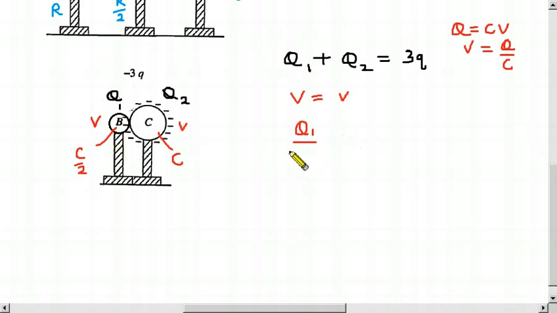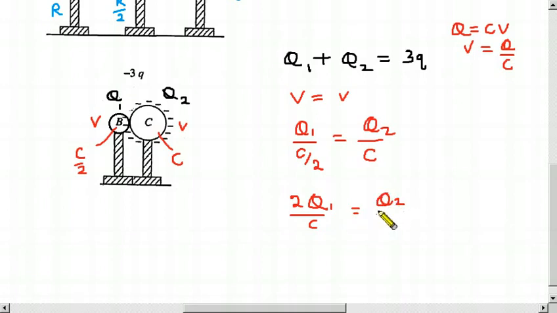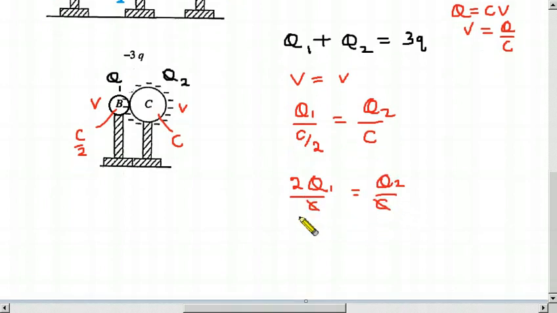So C divided by 2 for this smaller one equals Q2 of this bigger one, Q2 divided by the capacitance C. So this 2 goes to the numerator: 2 times Q1 divided by C equals Q2 divided by C. So C cancels, and we get Q2 equals 2 times Q1.